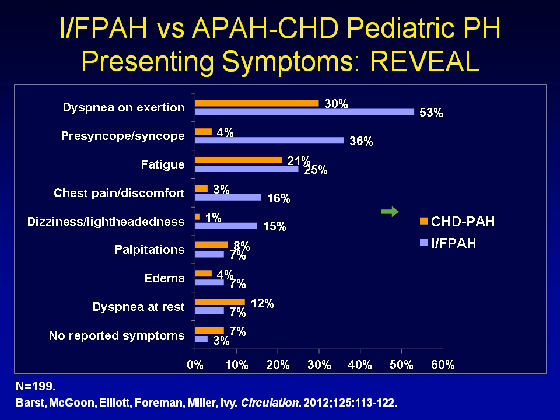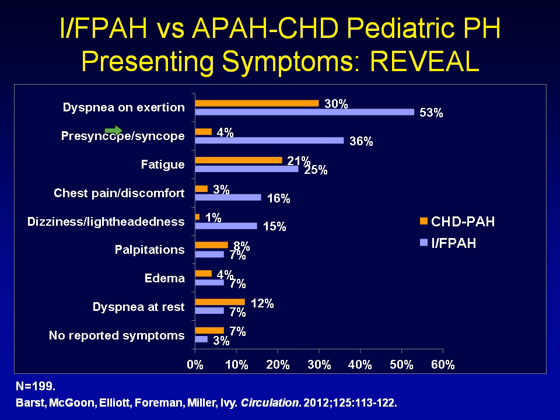One of the major advances in the last 5 years is we have these large registries. One is called REVEAL, another is TOP, and we can ask how children with pulmonary hypertension present, and how is that different from adults? The most common presenting symptom in children is shortness of breath.